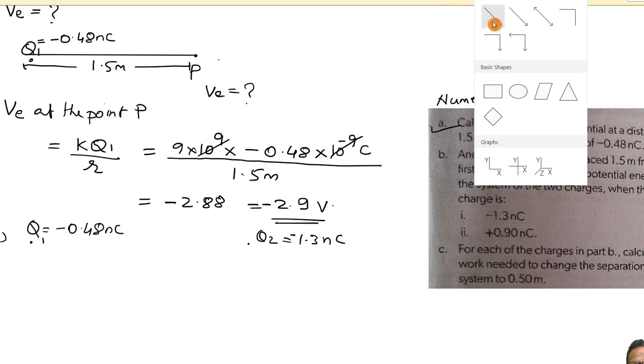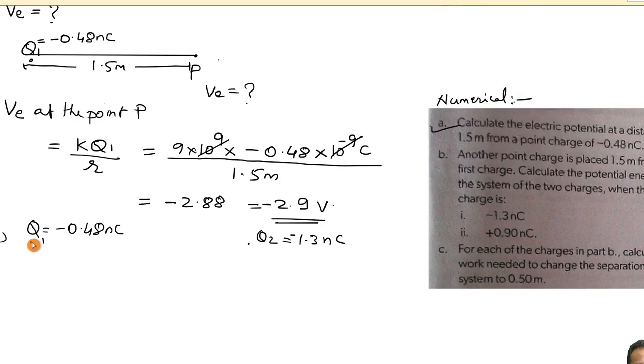So this distance from here to here is 1.5 meter, right? So this R is equal to 1.5 meter. Now what they have asked you to find out: calculate the potential energy of the system.